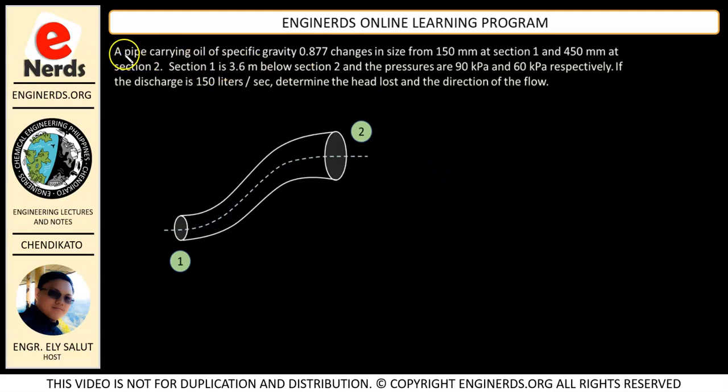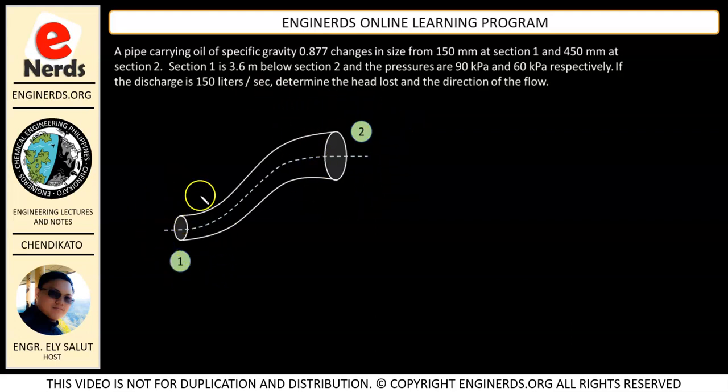So we have a problem here in which a pipe carrying oil of specific gravity 0.877 changes in size from 150 mm at section 1. So this is our section 1. And 450 mm at section 2. So this is our section 2.